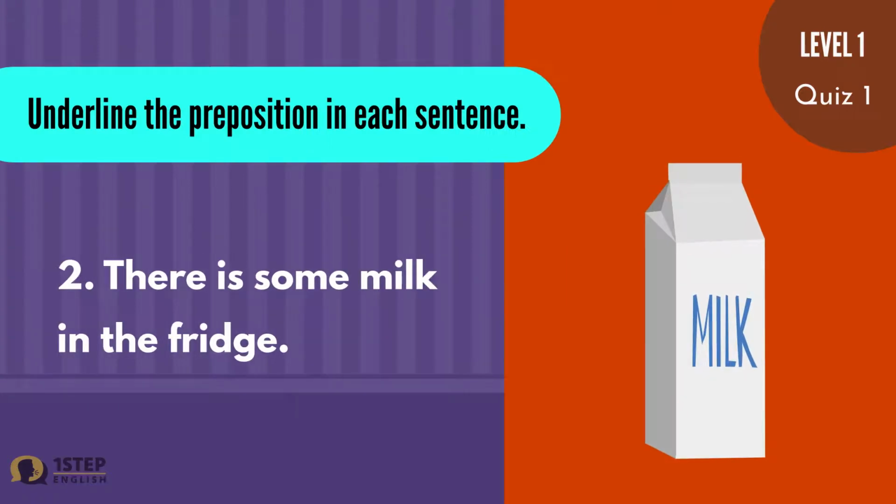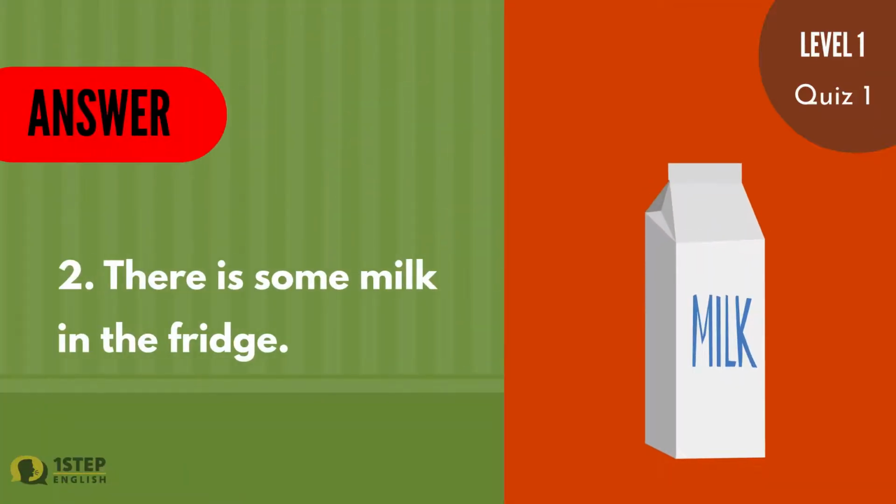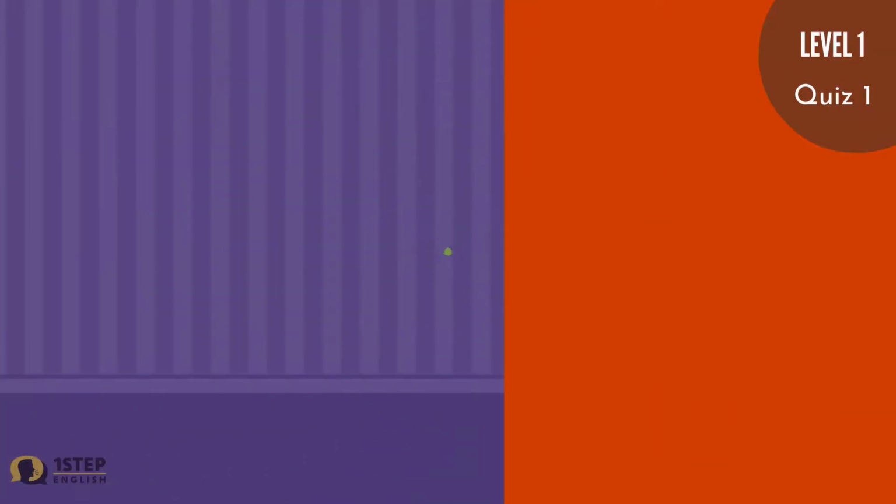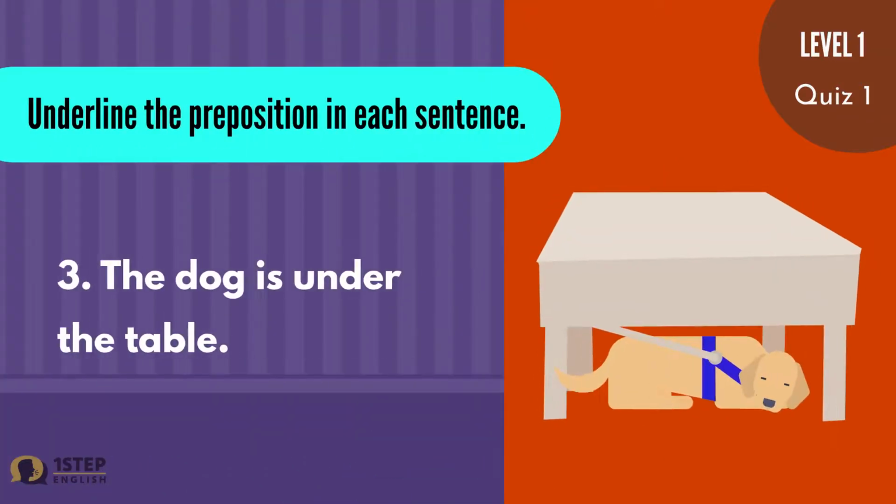Number 2. There is some milk in the fridge. The correct answer is in. There is some milk in the fridge. Number 3. The dog is under the table.